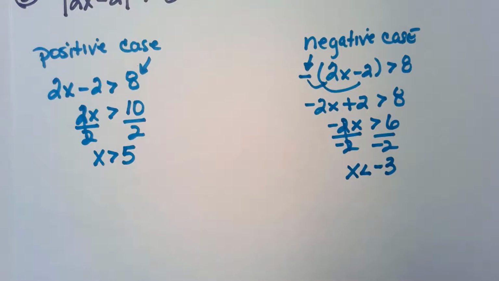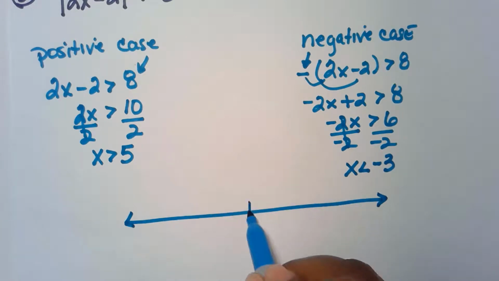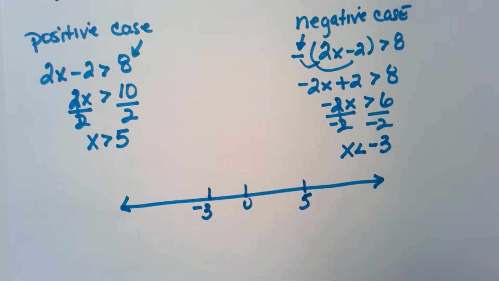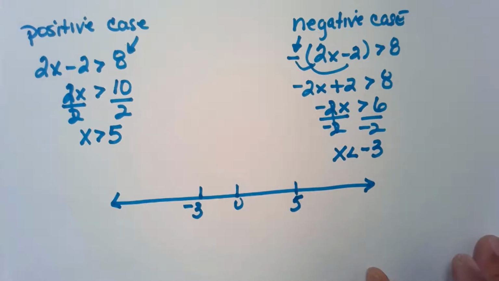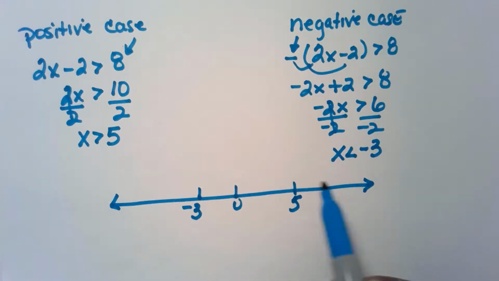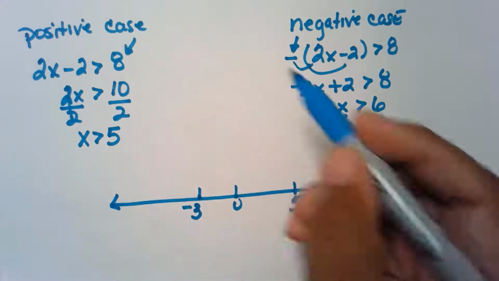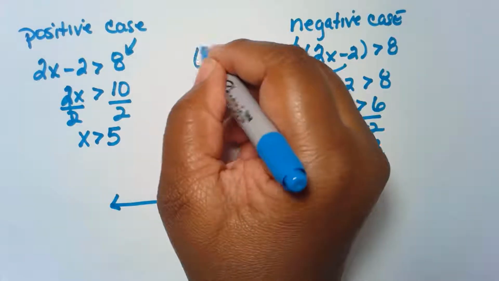All right, so let's identify negative 3 and positive 5 on the number line. We're going to be using parentheses for negative 3 and 5. This is an or, so we put the word or here.